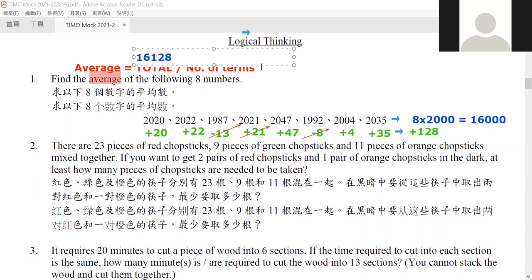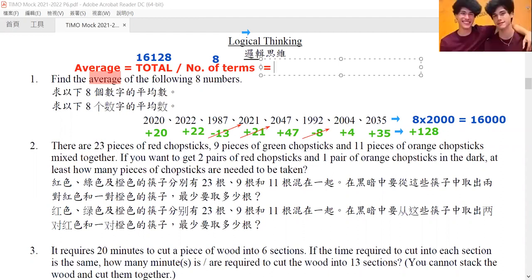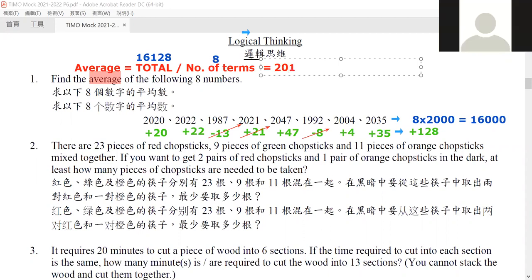If we divide this, our average will be 16,128 divided by 8, which equals 2,016. And 2,016 is our answer.